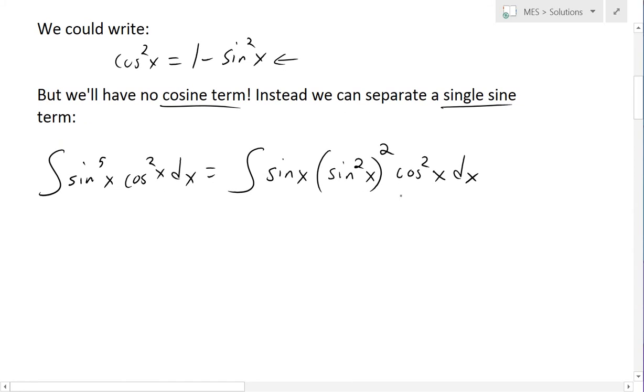Now we have one sine term, so we can write everything else in terms of cos by converting sine squared of x. This equals the integral of sine of x times 1 minus cos squared of x, all squared, times cos squared of x dx.